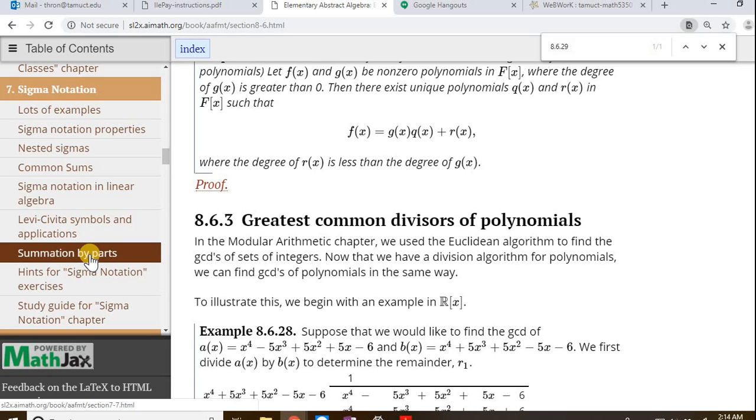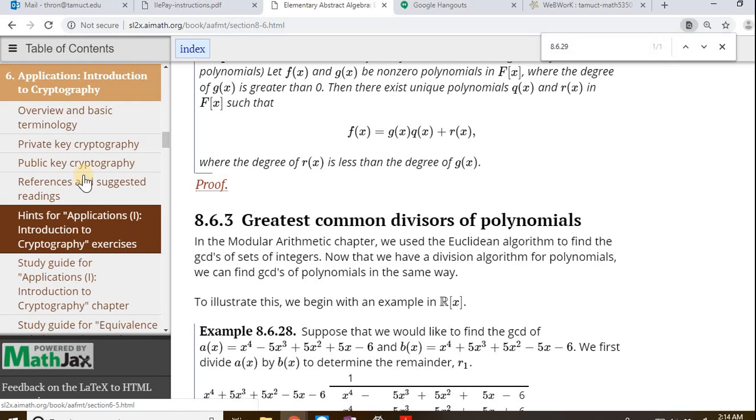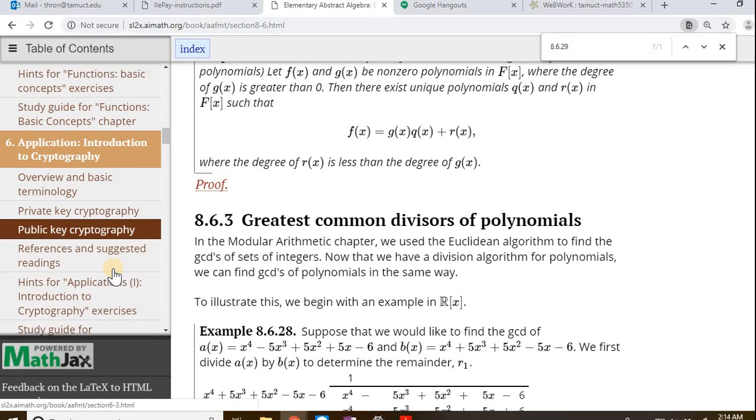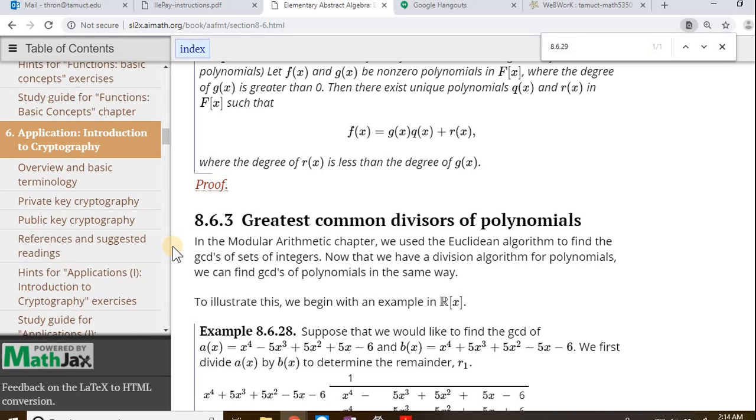So I'll think about this. I may spend a little bit more time on some of these parts, like chapter 6. I think some of the later stuff is nice to look at if you haven't seen it before.